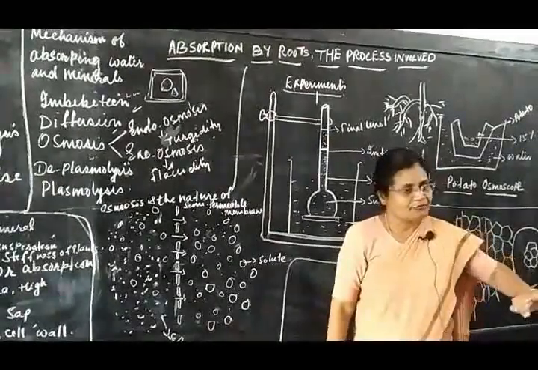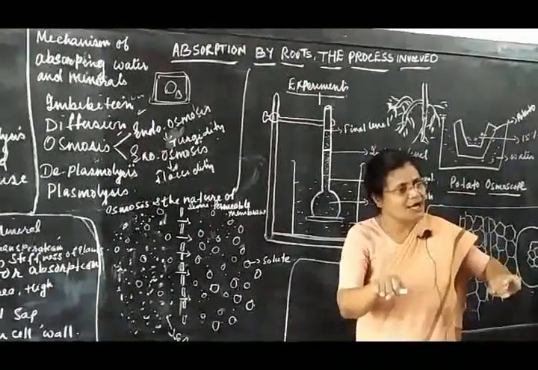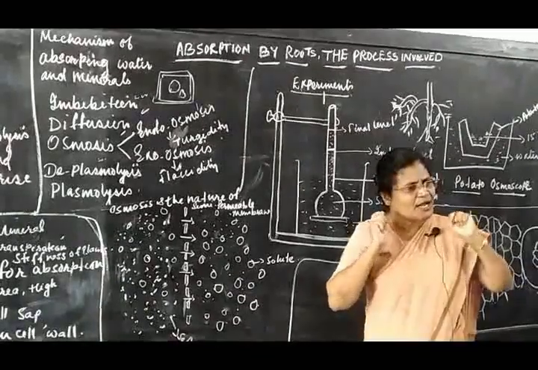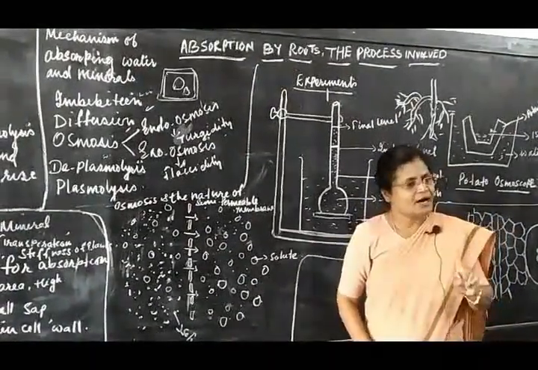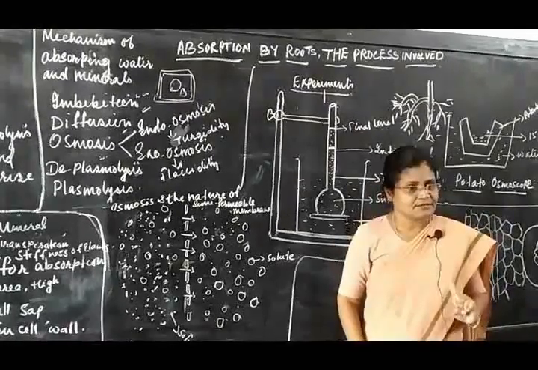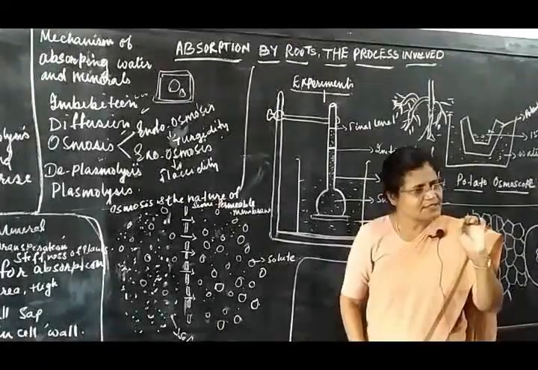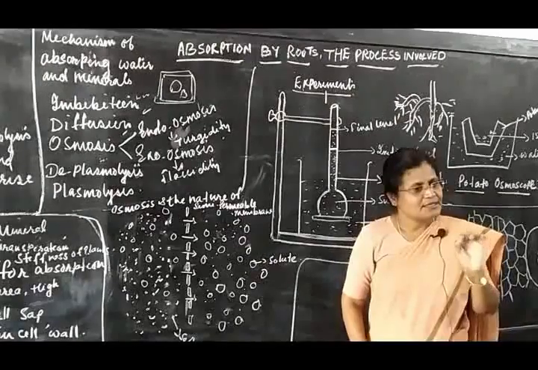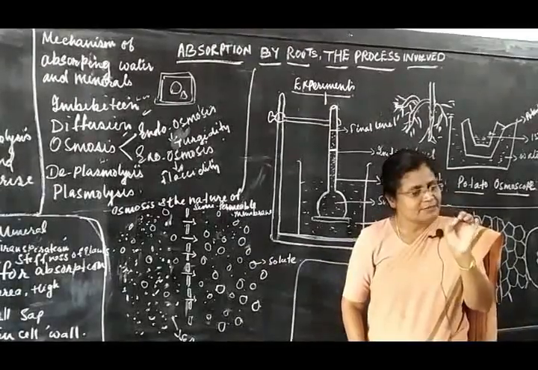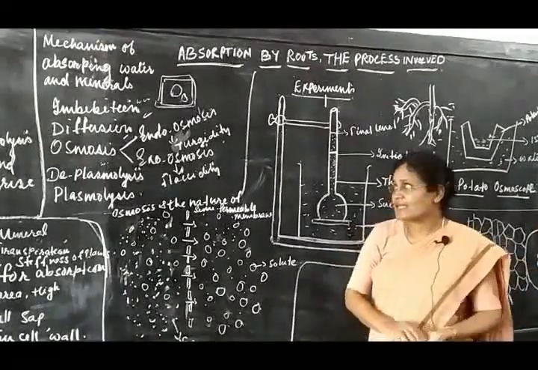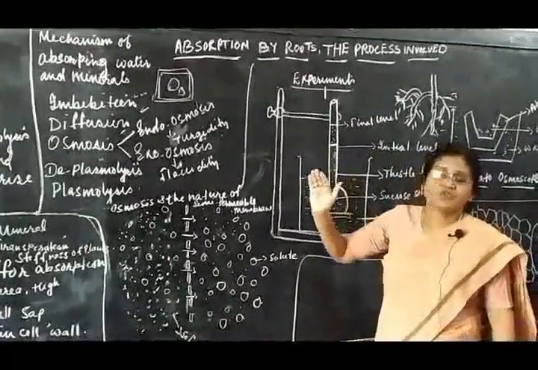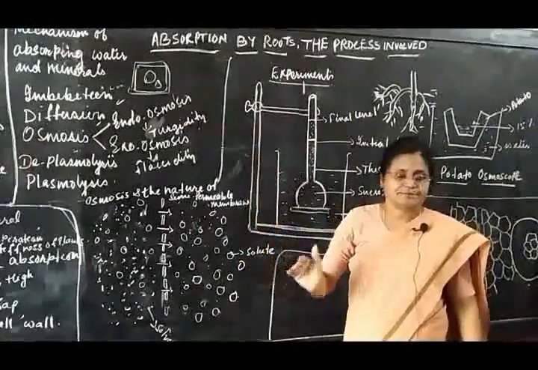Semi means half, permeable means it allows to enter. The cell wall allows everything to enter, but the cell membrane allows only the water molecule to enter, because the size of the pore of the cell membrane is as big as that of a water molecule. That is why it allows only the water molecule to enter into the cell.